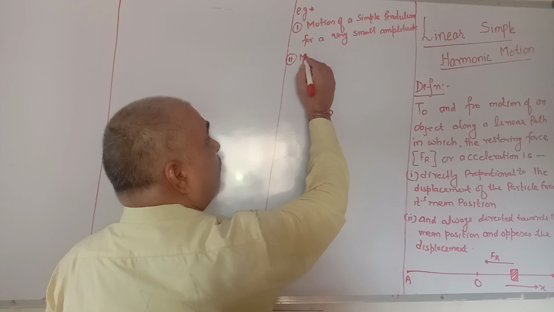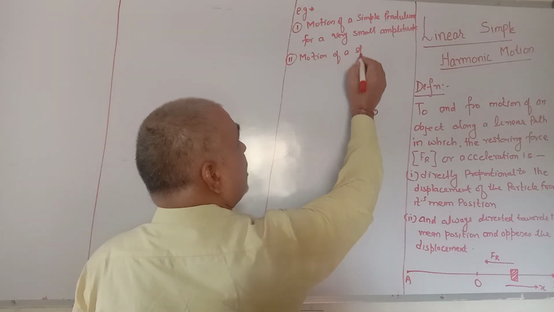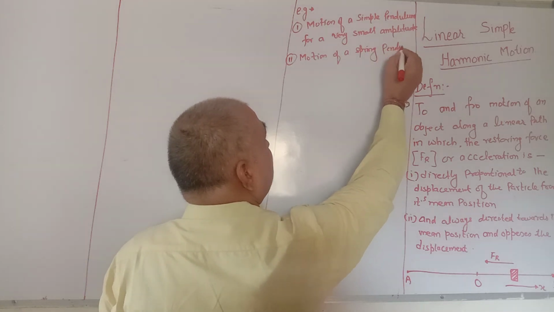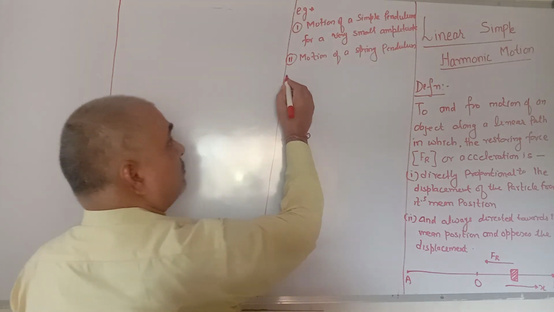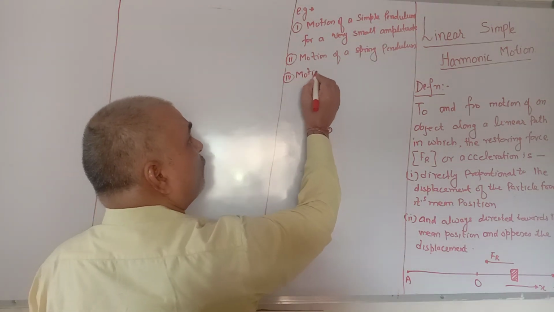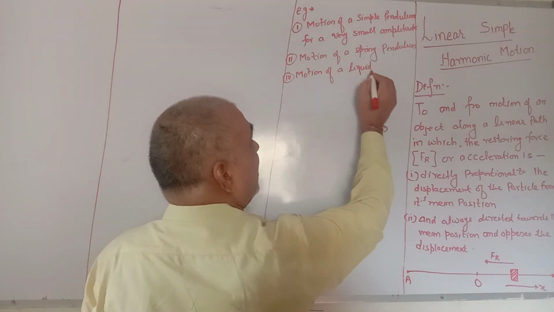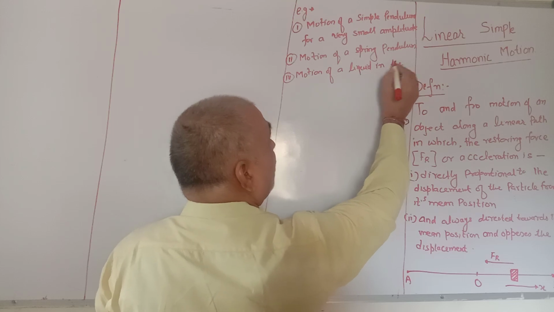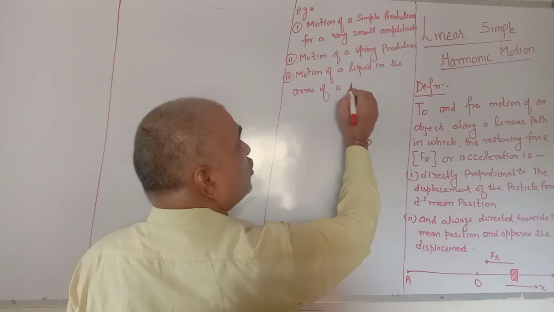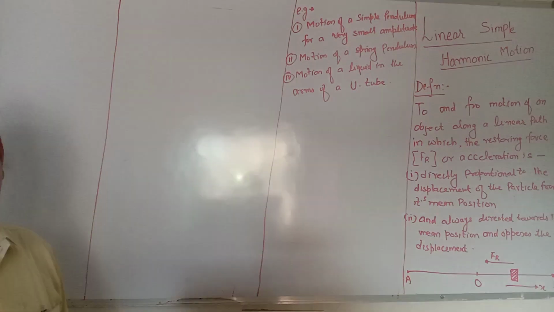Secondly, the motion of a spring pendulum. Third example I can give you, the motion of a liquid, you can say mercury, in the arms of a U-tube.